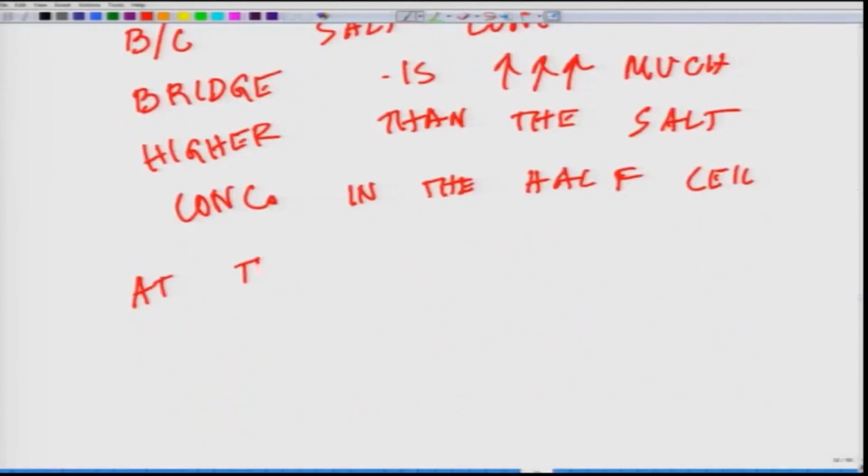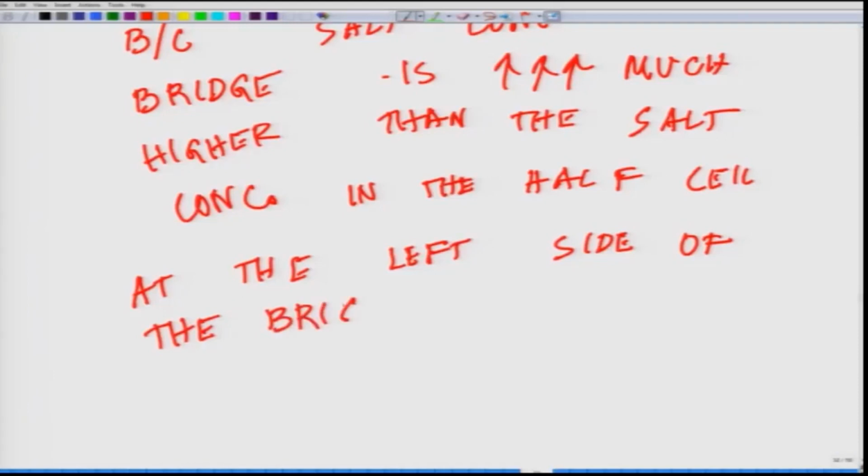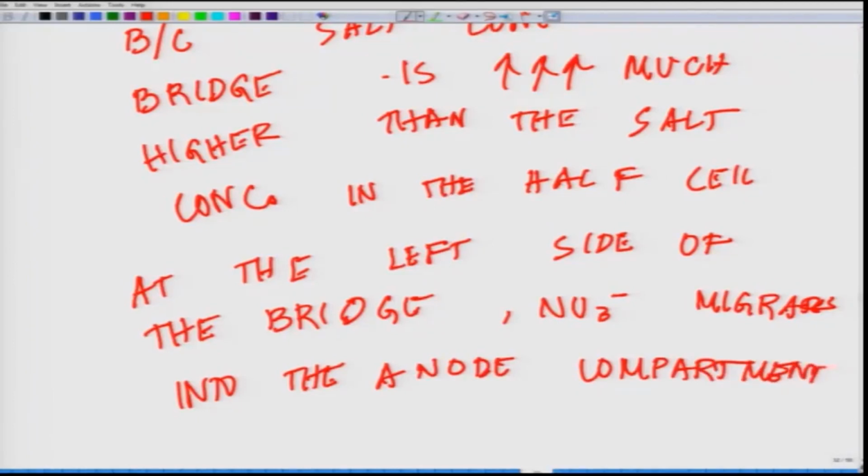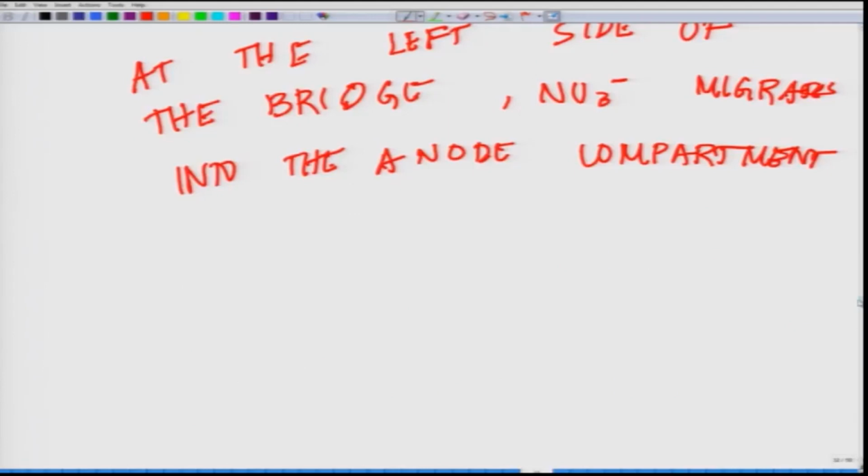At the left side of the bridge, which is the anode side, NO3 minus migrates into the anode compartment. We have already mentioned it, I am just putting it down, into the anode compartment.